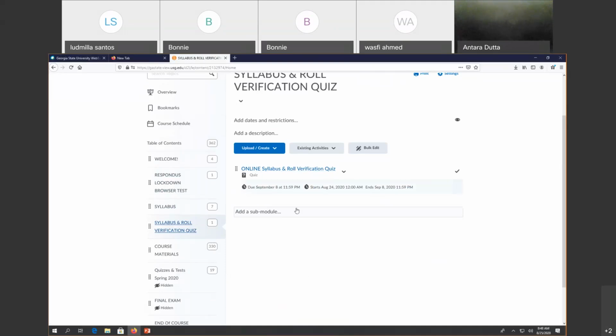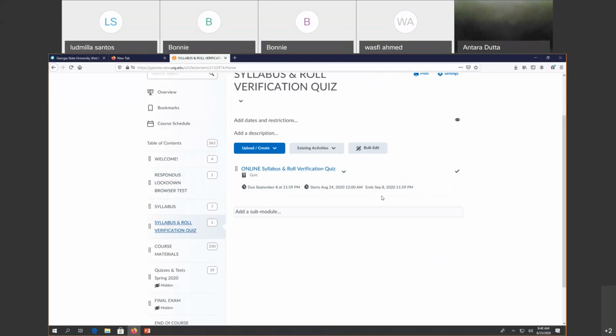So please complete this quiz. Without completing this quiz, you are not going to get any grade. All your grades will be on hold until you complete this syllabus and role verification quiz.